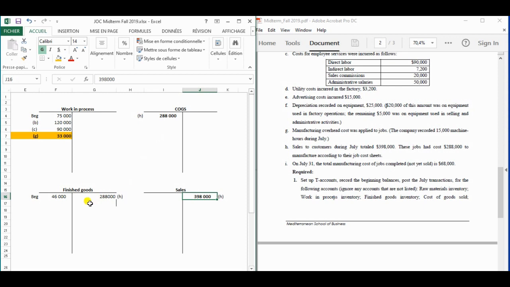So last transaction on July 31, the total manufacturing cost of jobs completed but not yet sold is equal to 68,000. The jobs completed but not yet sold are still in finished goods.